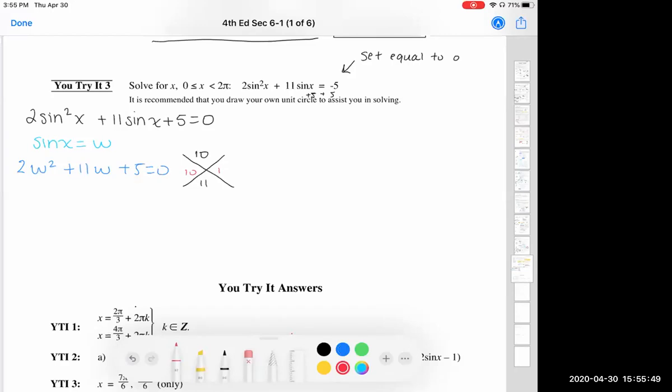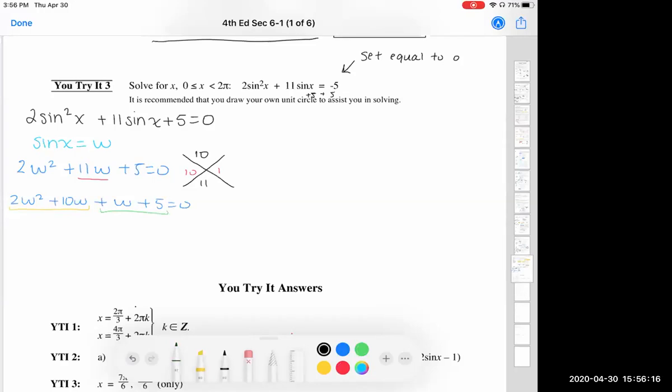That's 10 and 1, right? 10 times 1 gives me 10. 10 plus 1 gives me 11. So we're going to replace our middle number with 10 and 1. So that we now have 2w squared plus 10w plus 1w plus 5 is equal to 0. Now I can group my first two and I can group my last two.